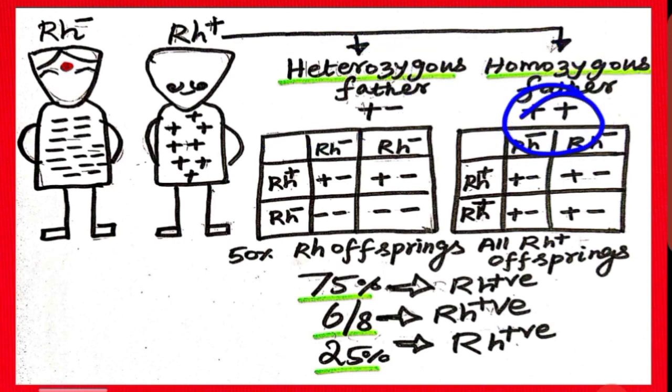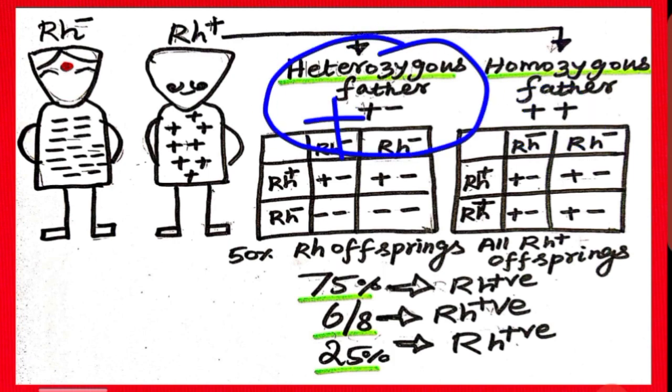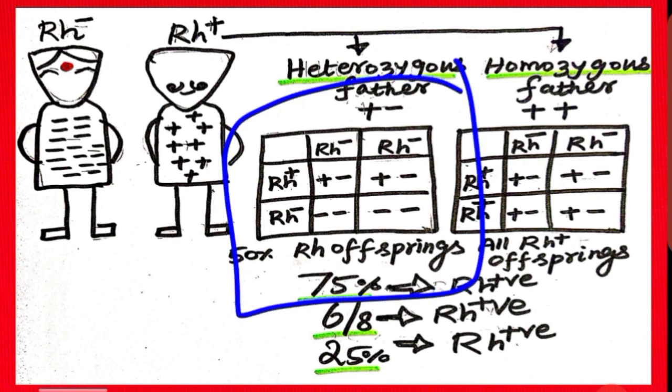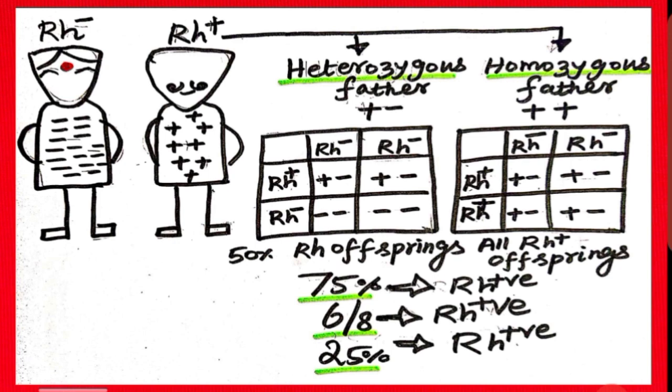If the father is heterozygous, the genotype will be plus and minus. If the father is heterozygous, see the first checkerboard. Heterozygote means RH positive, RH negative. So that is the heterozygous condition.